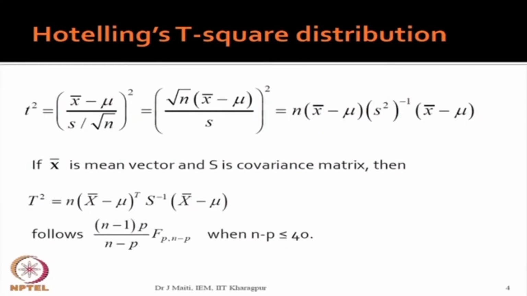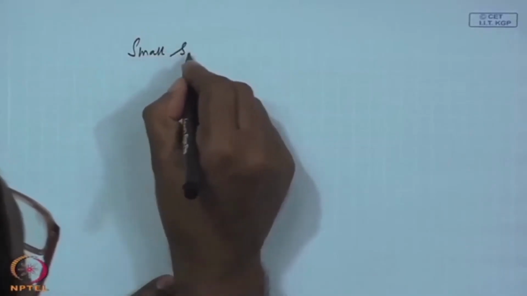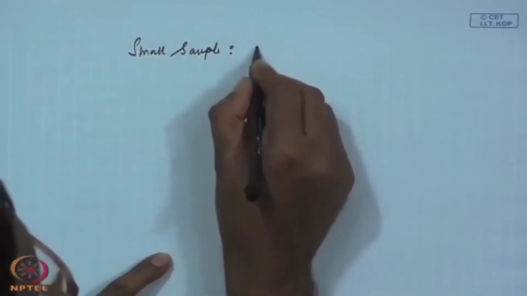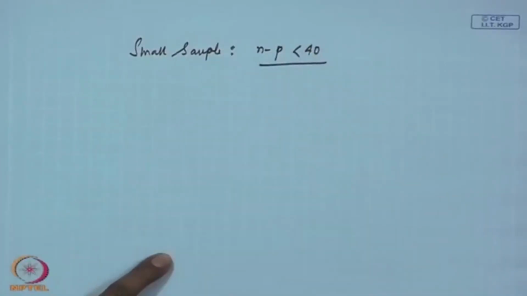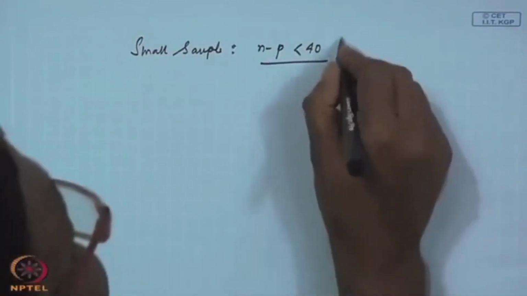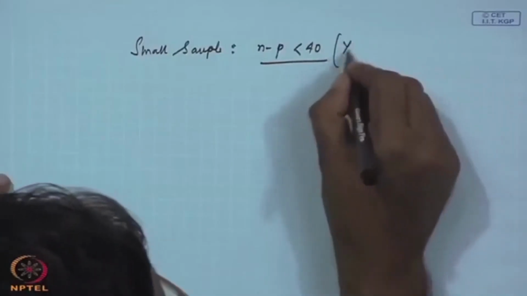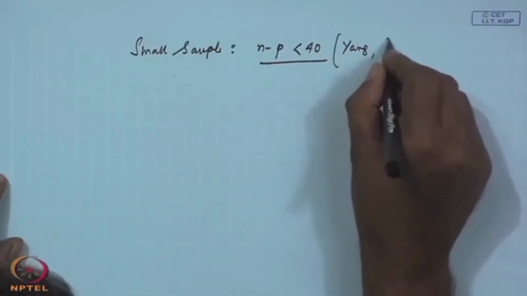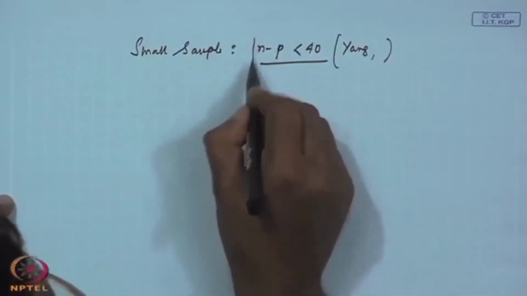Now, what will happen when your sample size is small? Here we are saying a small sample means n minus p less than 40. I have seen this in the book by Young and one more professor, Applied Multivariate Modeling in Quality Management.